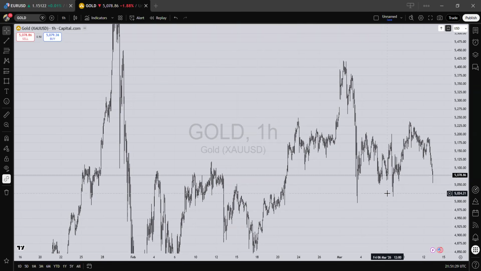I mentioned that earlier. Anyways, talking about market structure, when I go to the 5 minutes, I kind of see the market structure more clearly than in the 15 minutes and the higher time frames like 30 minutes and 1 hour.